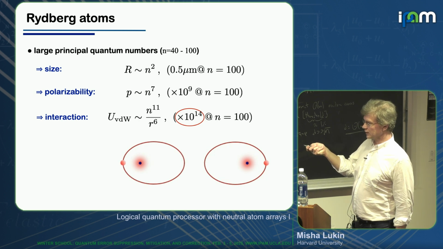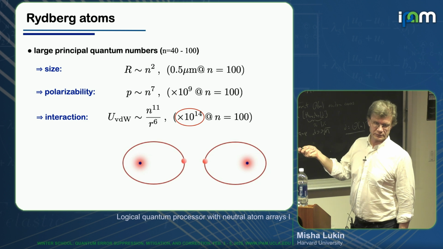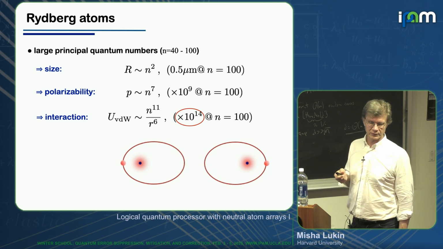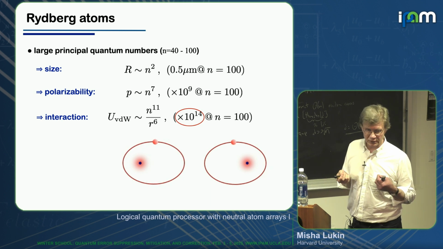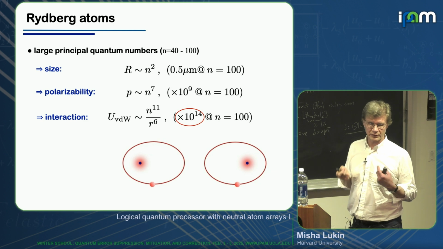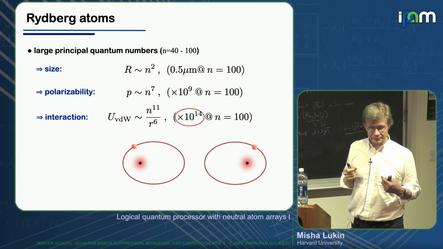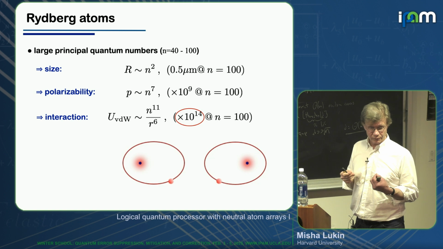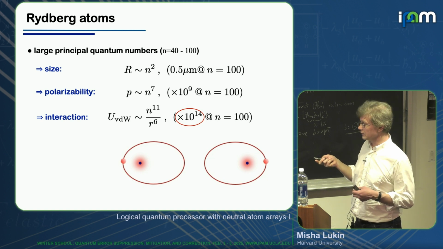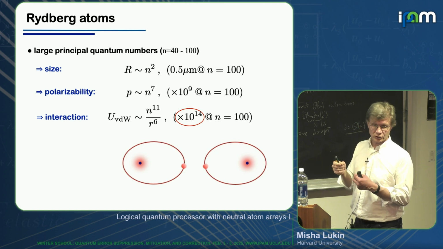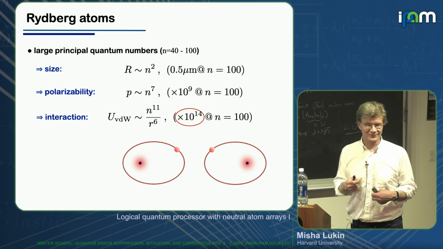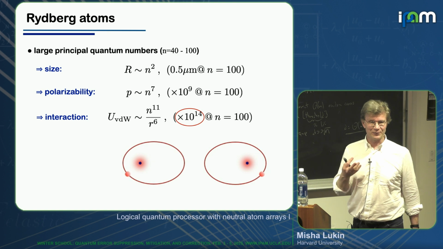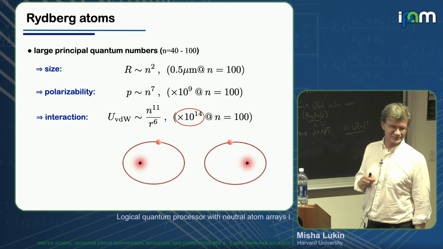Okay, the size of the atom is n squared. All of that originates from the dipole-dipole interaction, so it's already n to the 4th. But the van der Waals interaction is the square of the dipole-dipole interaction, so it's n to the 8th. But there are still three powers missing.